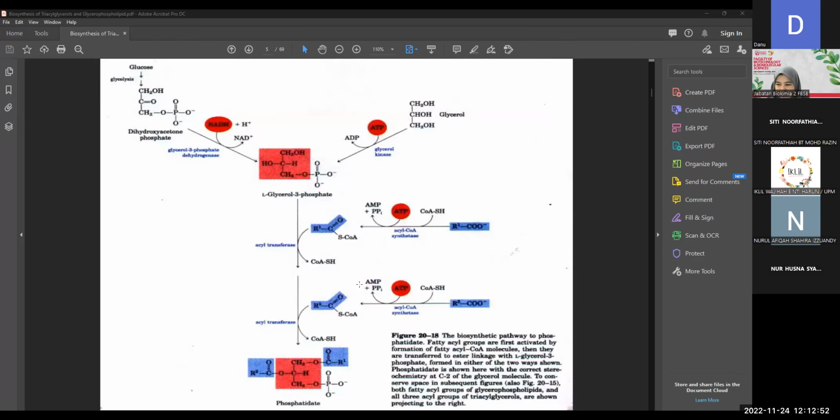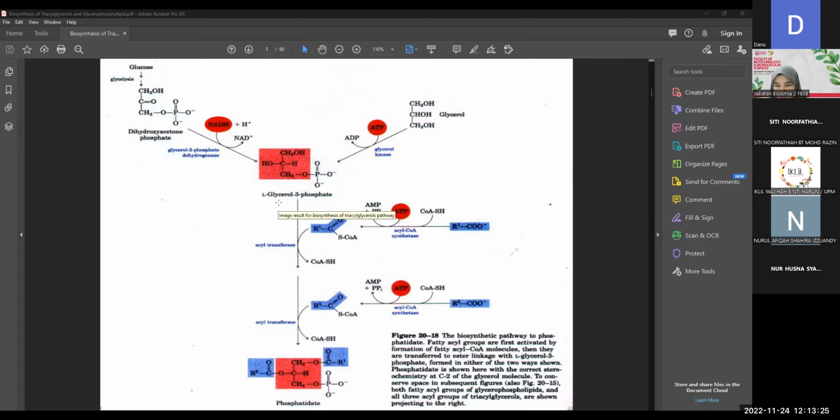Okay, now let's look at this pathway. We know that in adipose tissue, it requires dihydroxyacetone phosphate, which undergoes a reaction catalyzed by glycerol 3-phosphate dehydrogenase to produce glycerol 3-phosphate.